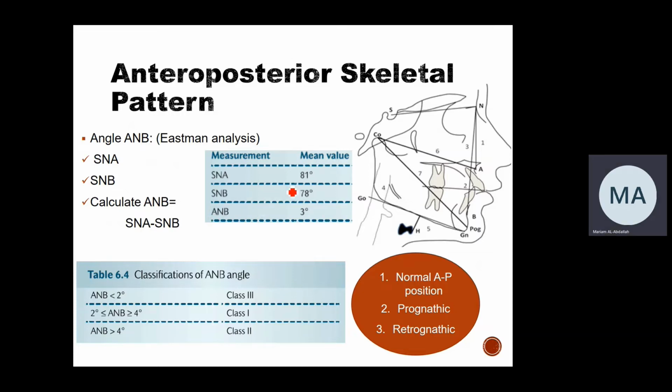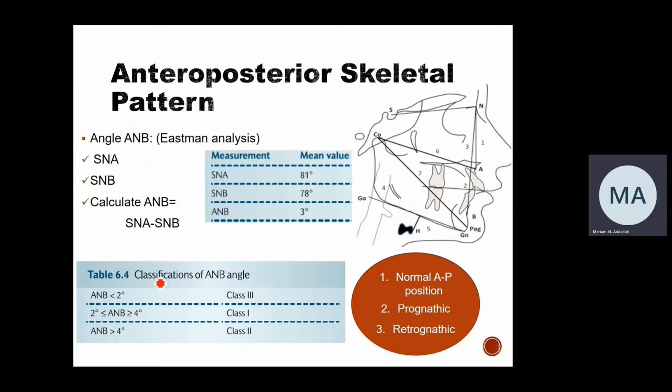A and B equals SNA minus SNB. Okay, so for example, 81 take away 78 is 3. 2 to 4 is considered the average. That means the maxilla and the mandible are occupying a normal skeletal pattern, which is class 1.